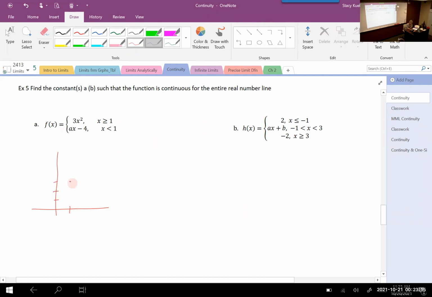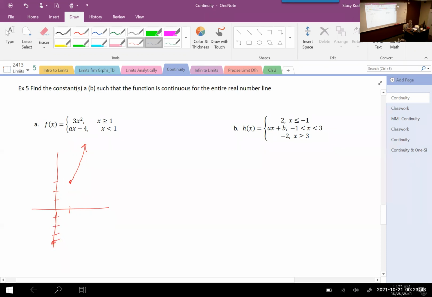So we would start here and move up in that direction as a curve. And then I have some sort of linear equation, which is going to be values less than 1. So it's going to be similar in shape to the one that we were just looking at. I know I'm going to end up crossing the x-axis somewhere down here. I have an intercept at 4, I think.